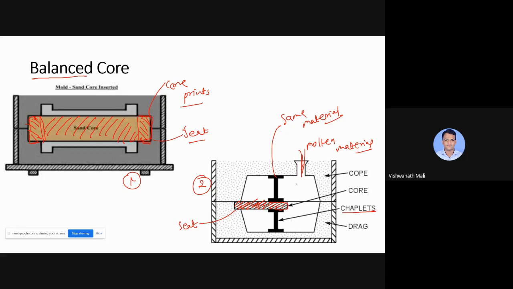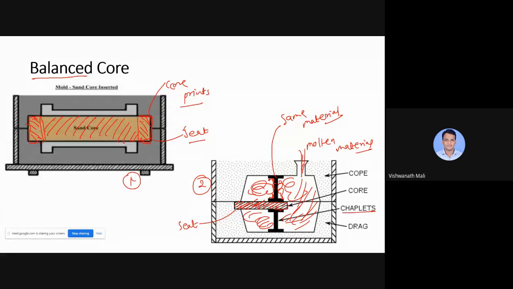Right? Now what happens when we pour the molten metal? So molten metal will start to fill this cavity. Now when it comes in contact with the chaplet, what happens? The surface of chaplet will get fused into the molten metal, and this chaplet will become the internal part of our product, right? So its cross section is very small.